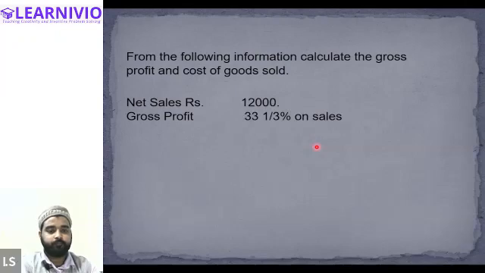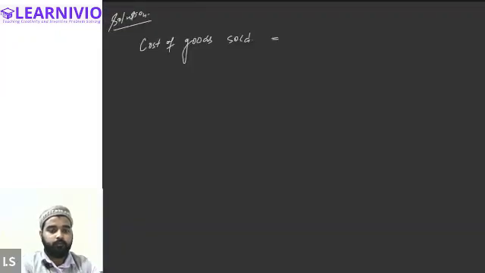Sir, how do I find the cost of goods sold? Okay, just a minute. So in order to find out the value of cost of goods sold, first of all, apply the formula of the gross profit. What is the formula for gross profit?